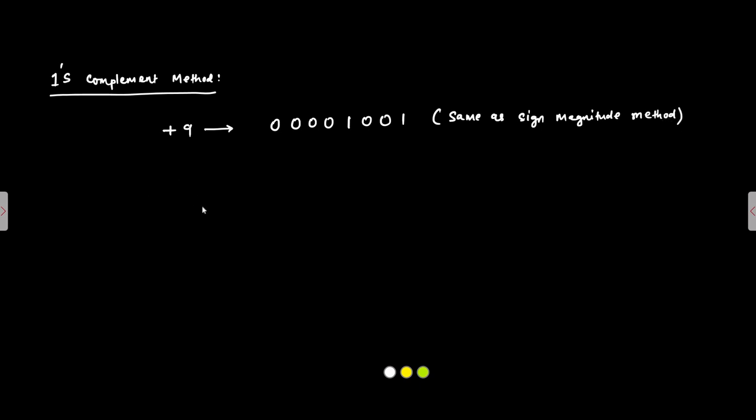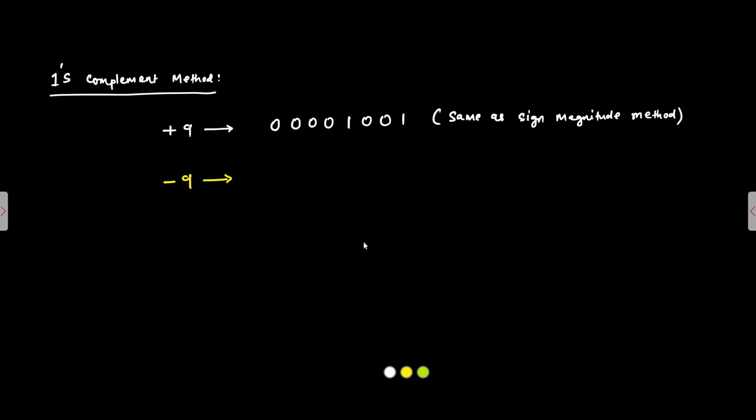But minus 9 is represented as the 1s complement of this binary representation of plus 9. What is 1s complement? It means we have to change 0 to 1 and 1 to 0. Invert all the zeros to 1s and 1 bits to 0.